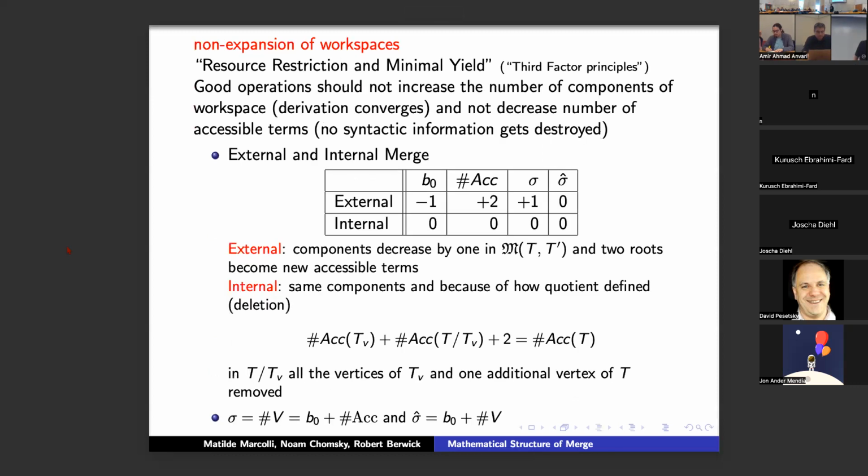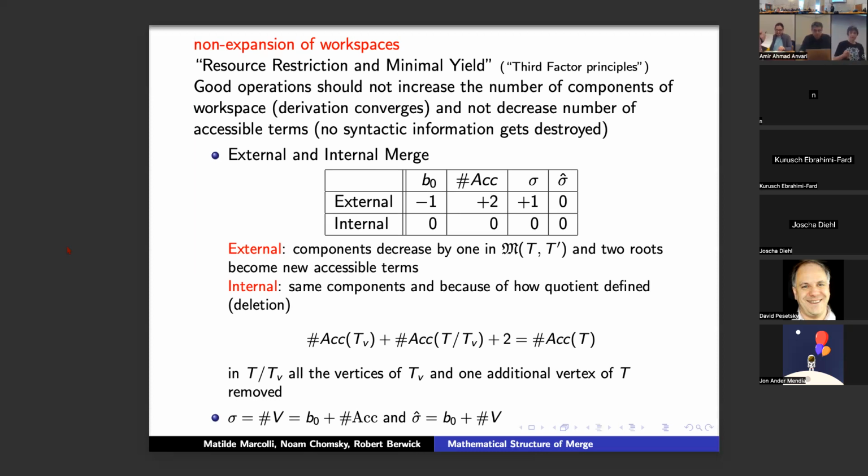Okay, so usually there is another argument that is given for why external and internal merge are preferable. And this is an argument that, if you look in the Emergence of the Minimalist Thesis book, is referred to as a resource restriction or minimal yield.